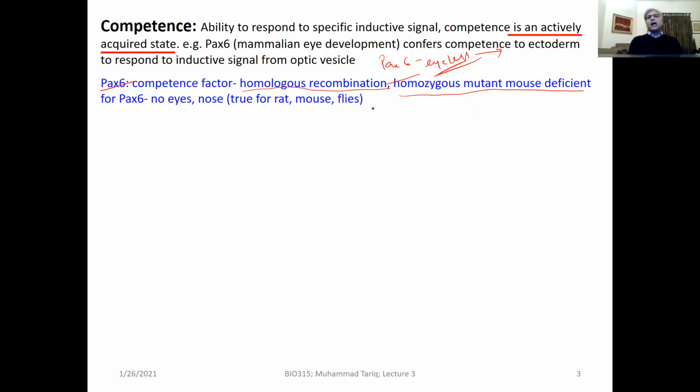So I'll ask you all, today your assignment is to go back and read about homologous recombination to generate a knockout mouse.